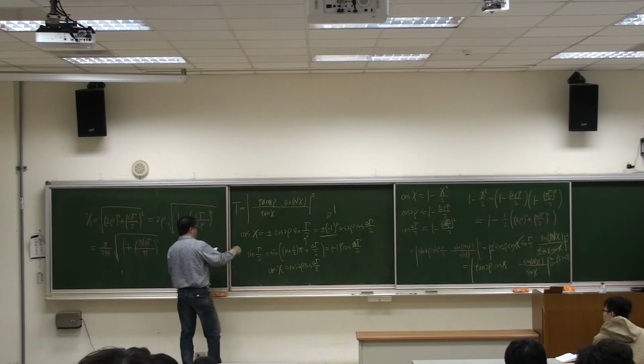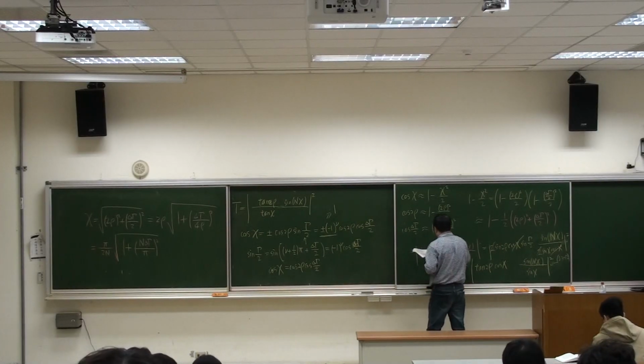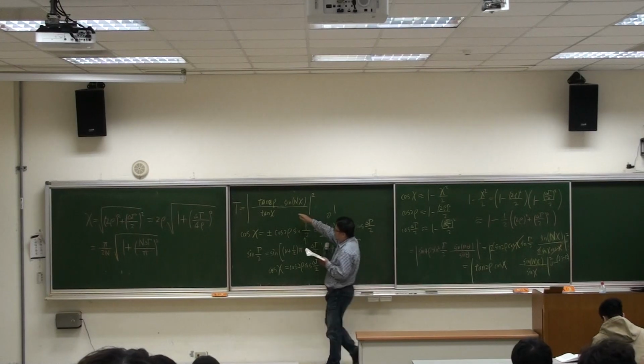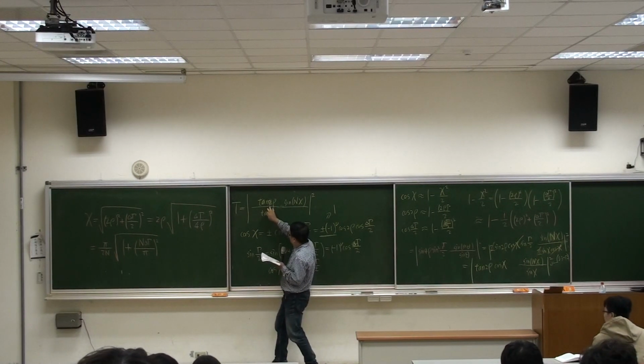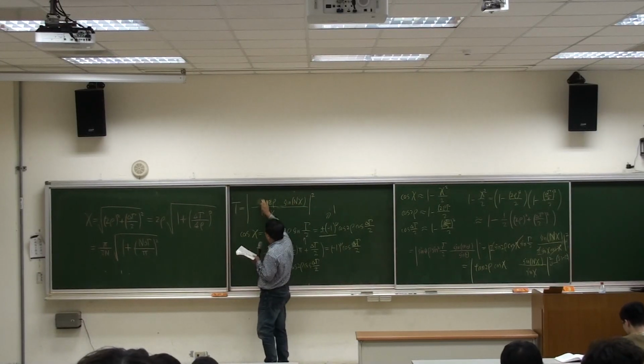So finally, when we substitute all this result into this expression, when rho and chi are small, we can approximate tangent 2 rho as 2 rho, and the tangent chi as chi.